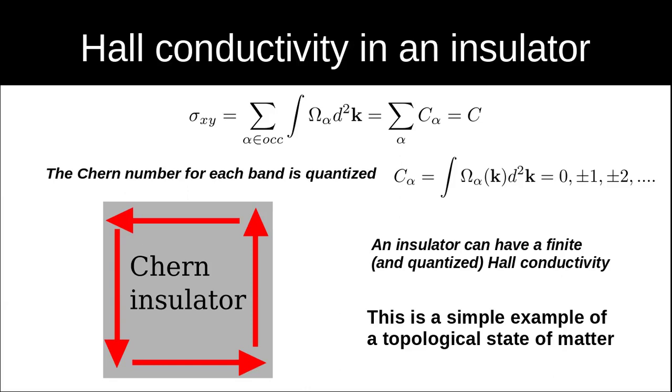So if you think about the top edge, you have a state that propagates to the left, but there's no state that propagates to the right in the top edge. And in the bottom edge, you have a state that propagates to the right, but no state that propagates to the left. The existence of a state that propagates only in one direction is what is called a chiral state.